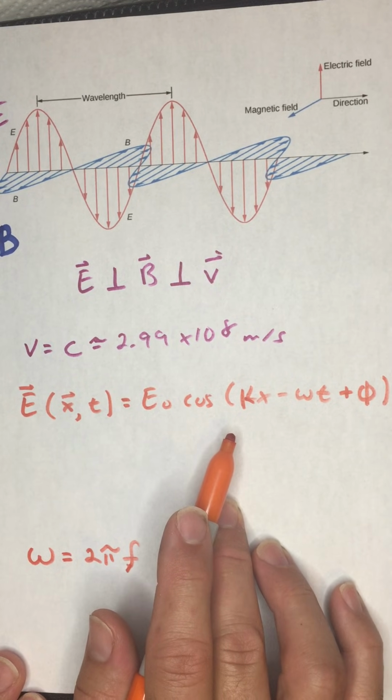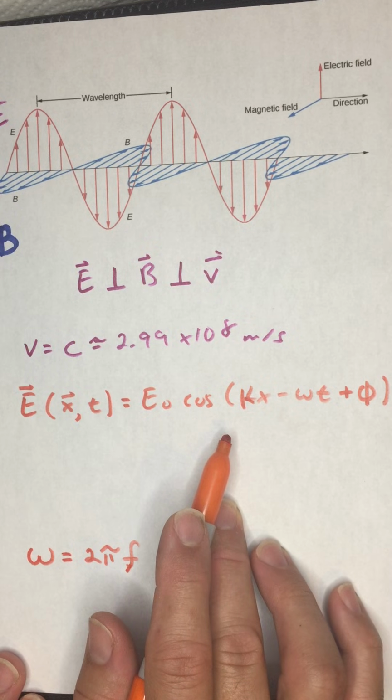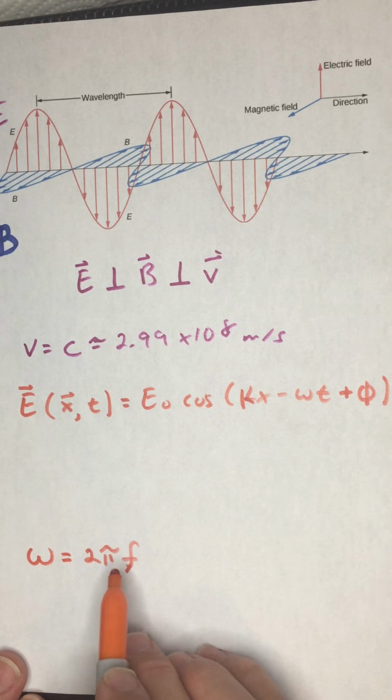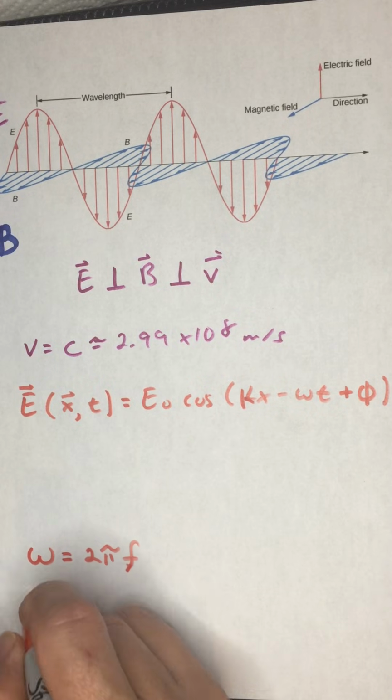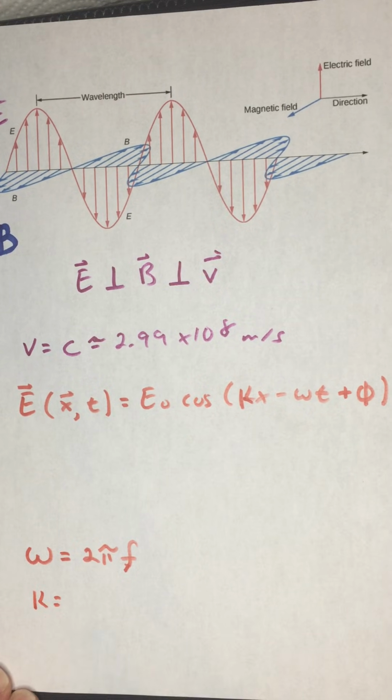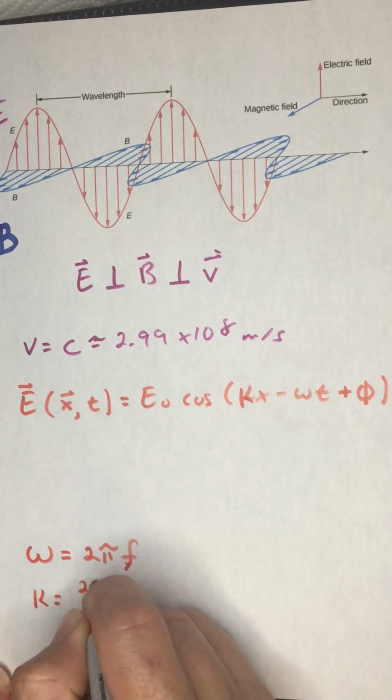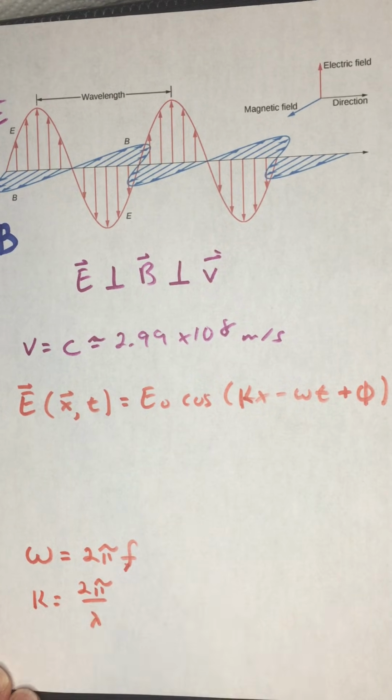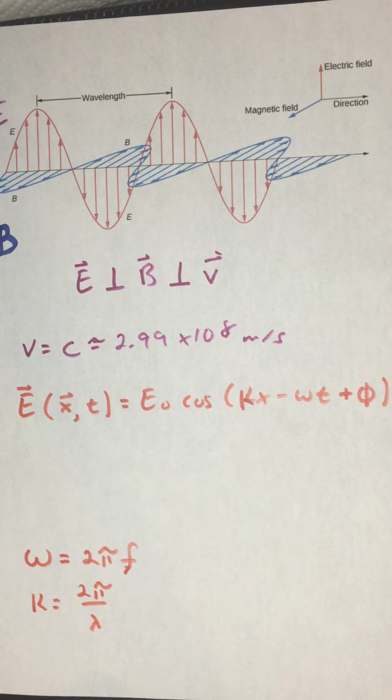It's how many cycles fit inside 1 meter. This, of course, is the linear wave number, K, which is related to lambda, the wavelength, by another factor of 2 pi. So if you have omega or if you have K, you have the linear frequency and you have the wavelength.